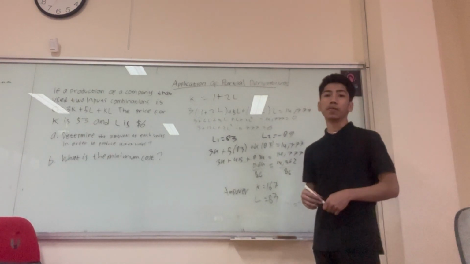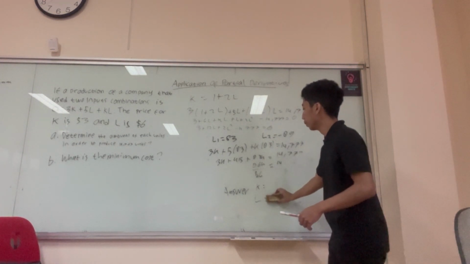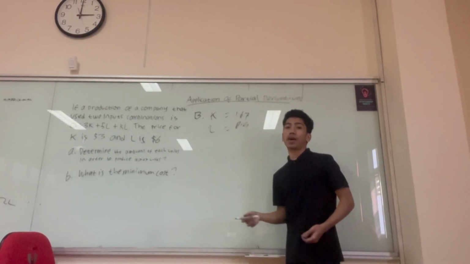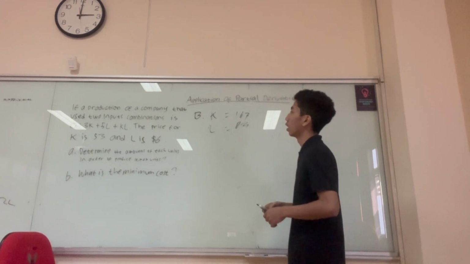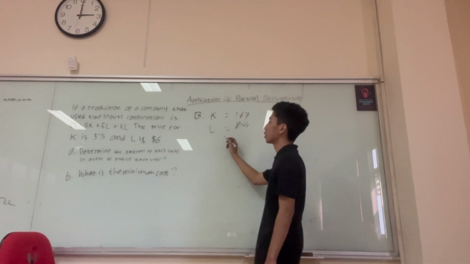Okay, so now we can move on to B. So lastly, we have to find the minimum cost. And previously we managed to find the K and L, so we just have to put it inside the function.